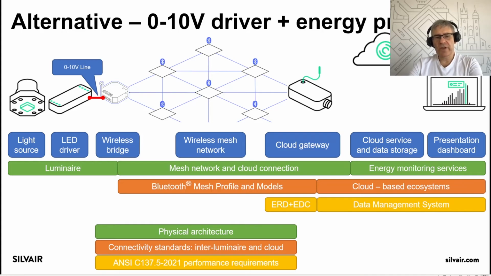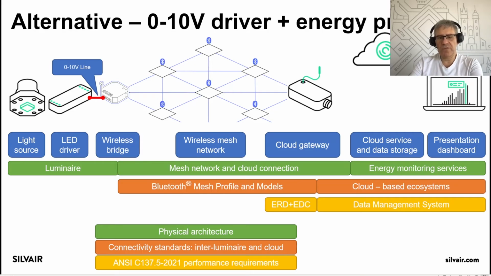It is not capable of reading anything from the driver because it's an analog one-directional connection. So you may ask, okay, how is it possible in such a setup to measure and report energy? And actually, it's very possible when you know the so-called energy profile of a particular luminaire.